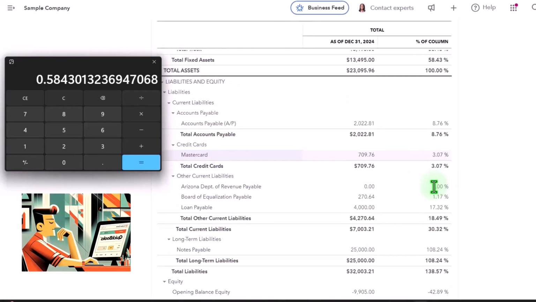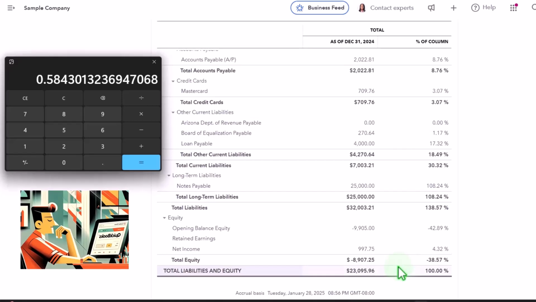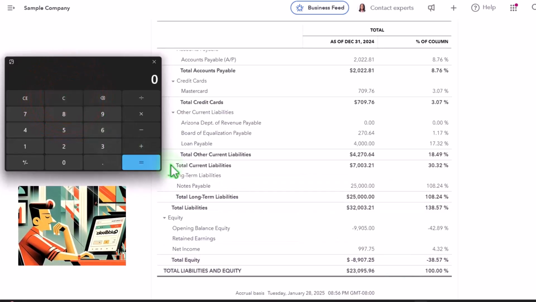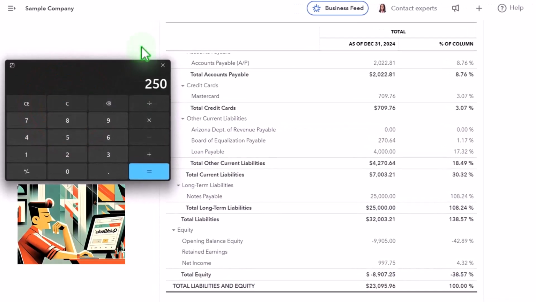Similarly with liabilities, we can compare our liabilities to the total liabilities and equity. This gets into ratio analysis when we're thinking about the balance sheet. For example, we might take our long-term liabilities, which are our loans, say we have 25,000 there, divided by the total liabilities and equity, which equals the assets.